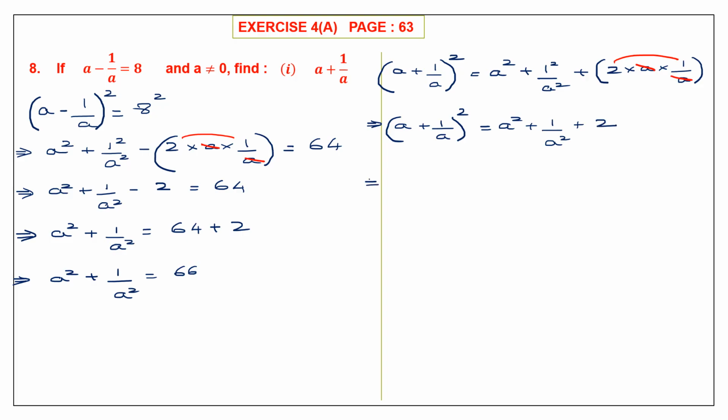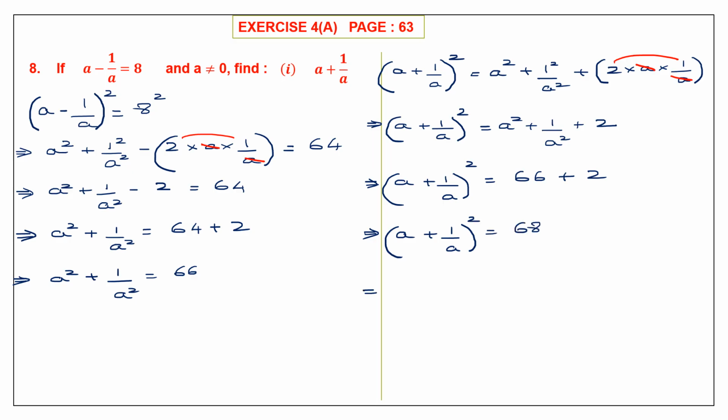So here now we have a plus 1 by a the whole square is equal to, now here we have a square plus 1 by a square, and we have the value for this, and the value for this is 66. We had found out, isn't it? So we are going to substitute for a square plus 1 by a square, and we're going to write 66. So this is 66, and what we have left is plus 2. So now this is a plus 1 by a the whole square is now equal to 68.